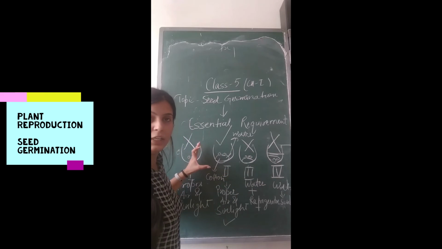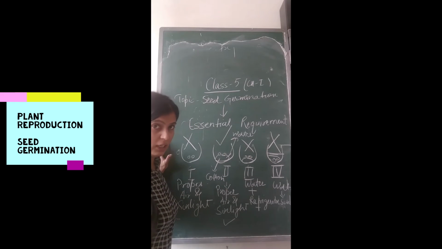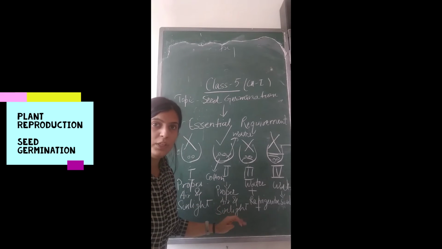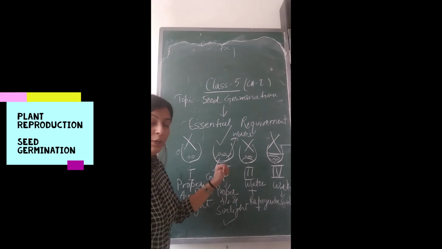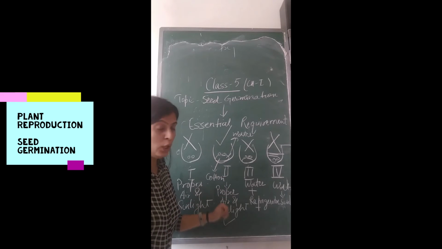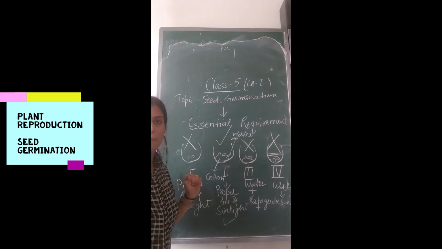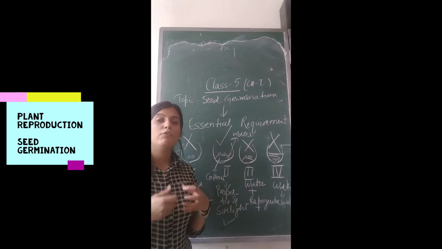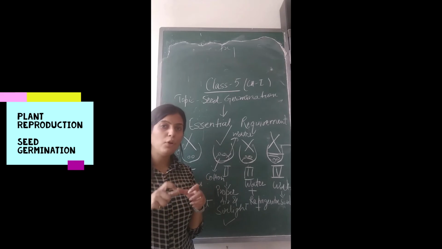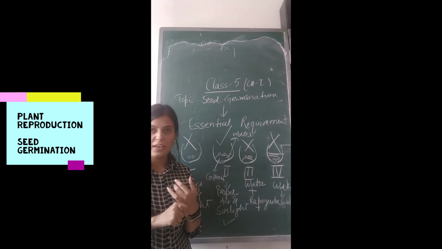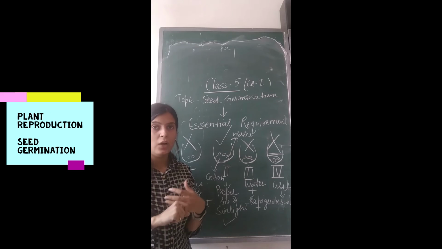What we can conclude from this activity is that only in the second bowl, in which we have provided water, air and sunlight, will seeds germinate. So the conclusion is that for germination, proper air, water and sunlight are required.